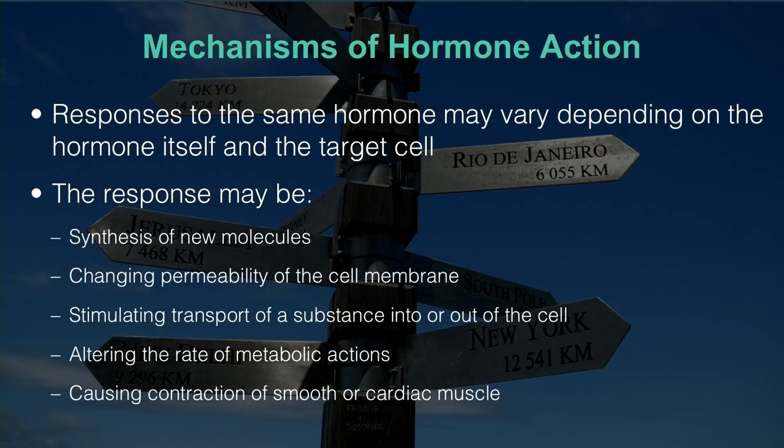That's still true. But the way that we can release hormones, the net effect based on how the response is modified could be, like we mentioned before, changing the permeability of a membrane, contraction of a muscle, activating new proteins, making mRNA, changing the location of things within the cell.